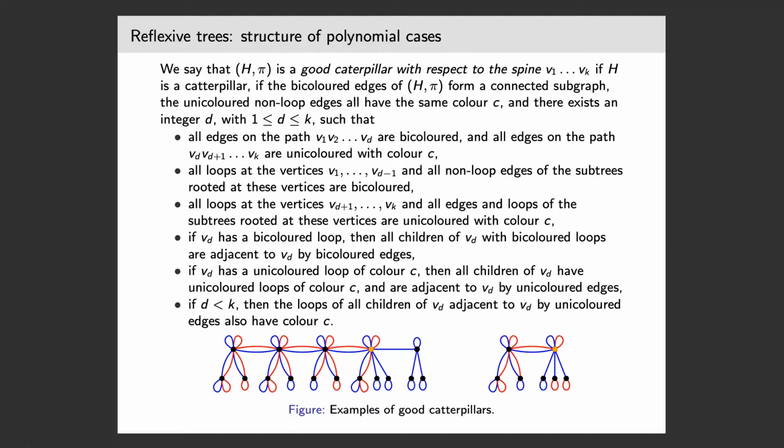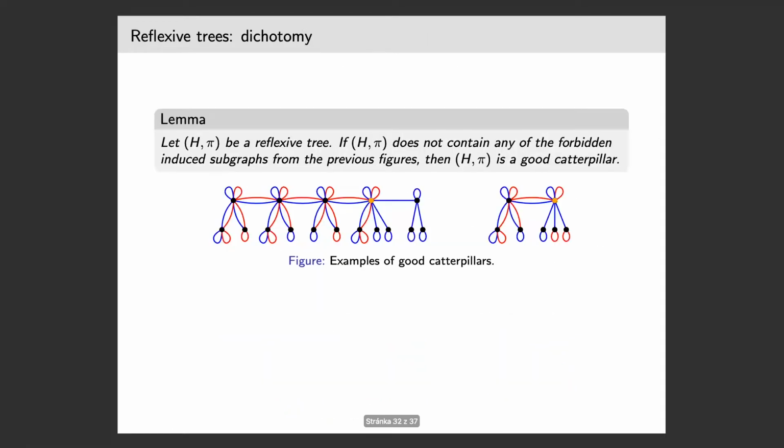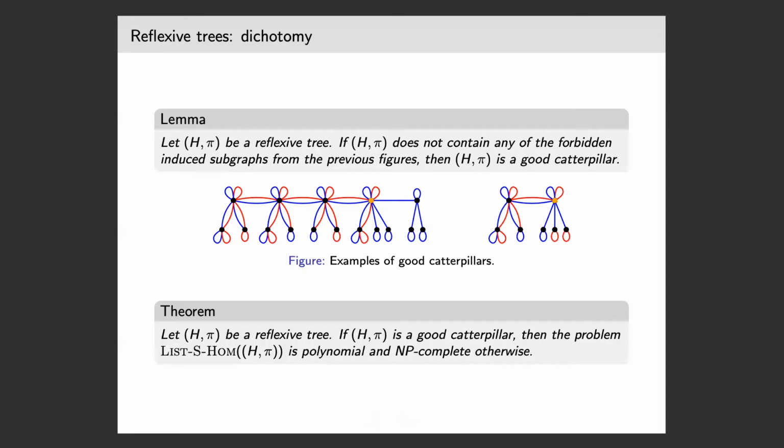And that is precisely what the definition captures. Again, we have a lemma saying that if none of the forbidden induced subgraphs is present, HP is a good caterpillar. The dichotomy then asserts that if HP is a good caterpillar, the problem of finding a list homomorphism is polynomial, and otherwise the problem is NP-complete.